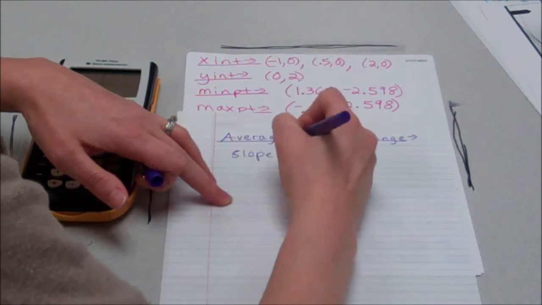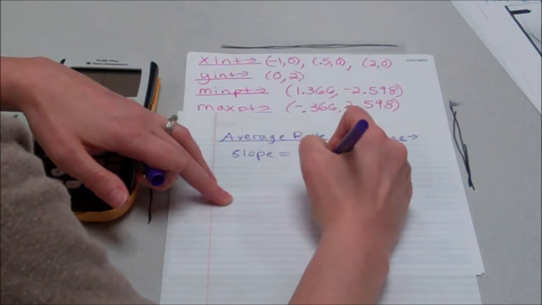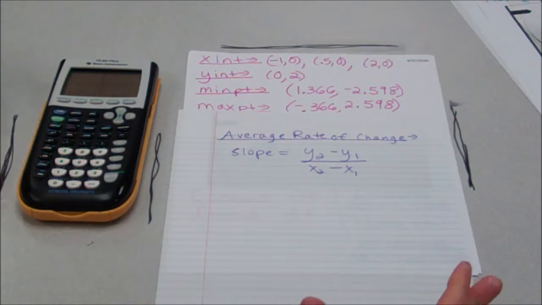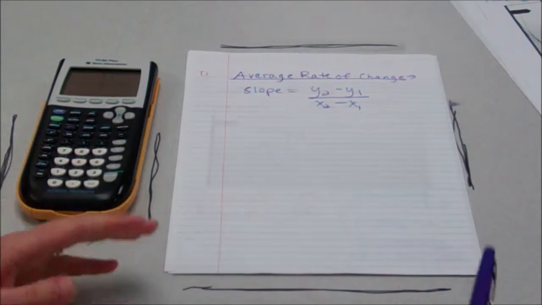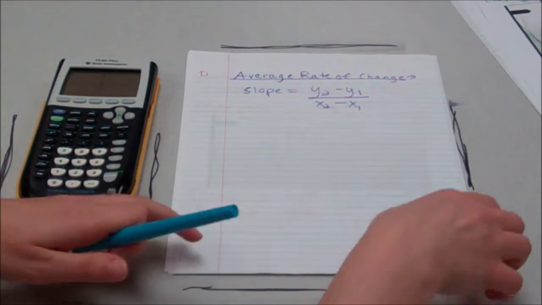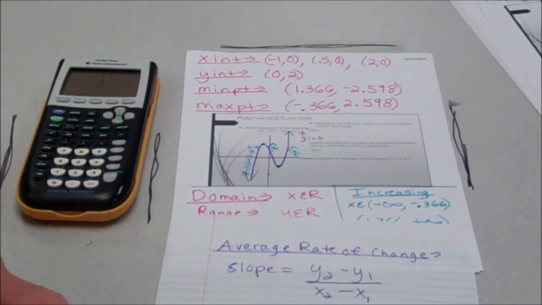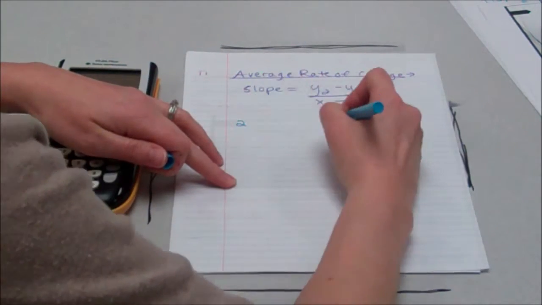So they're actually asking you to go back to your knowledge on slope and do your old school formula, y2 minus y1 over x2 minus x1. So, that being said, I need to know what my numbers are. They give me two numbers. Now, let me read them off the problem. It says, determine the average rate of change from 2 to 5. So, I have 2 and I have 5.